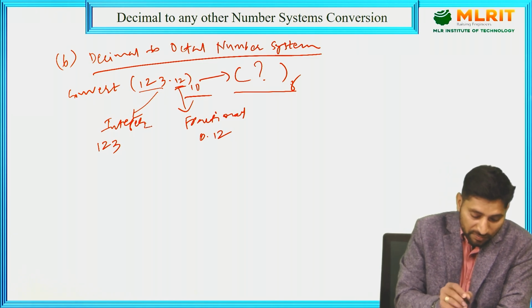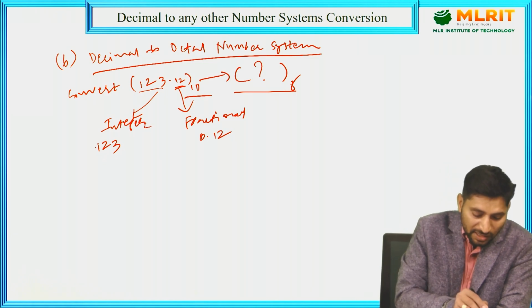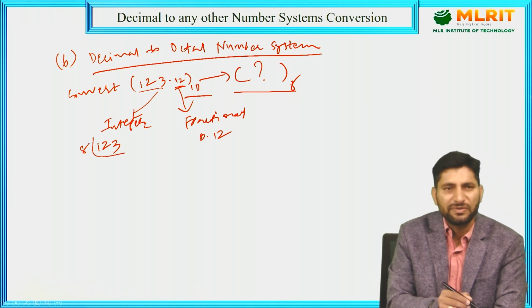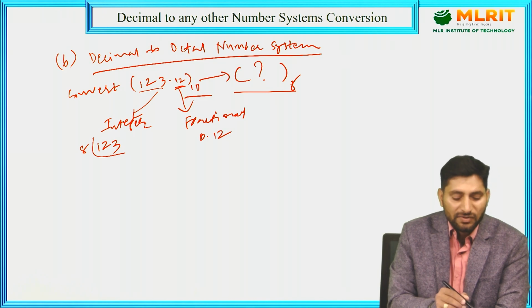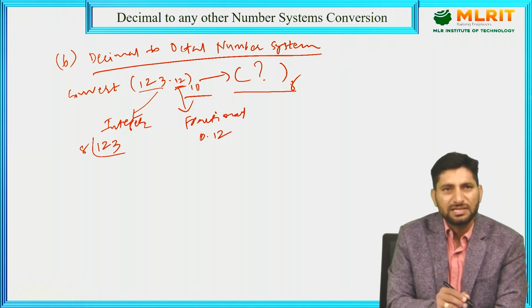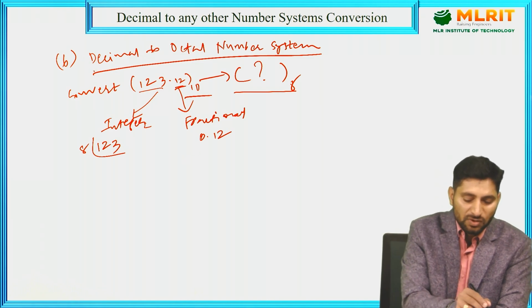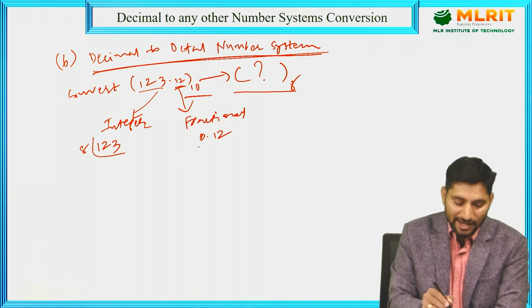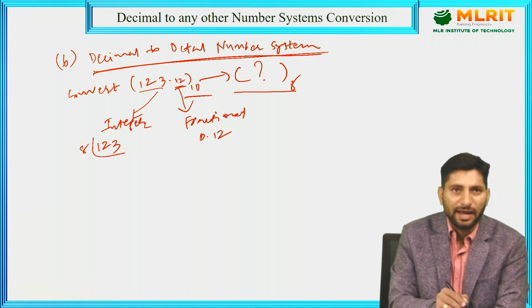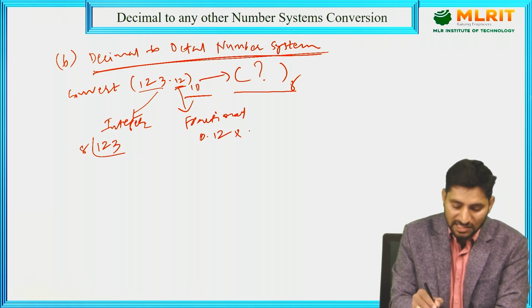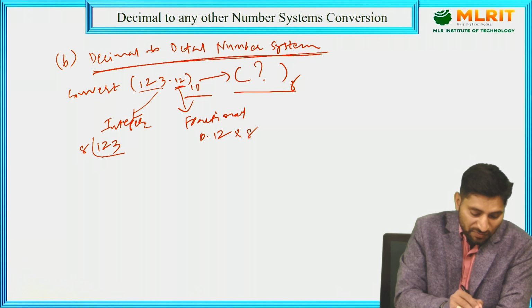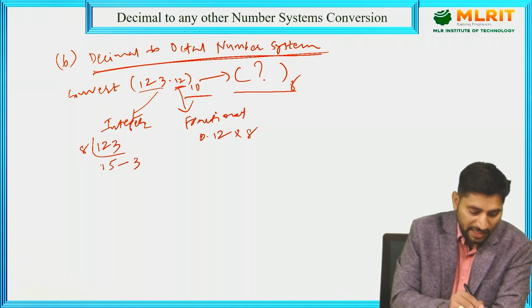So here 123 will be divided by 8, because as I said in the previous case, while converting from decimal to binary number system, divide the integer part by 2 and multiply the fractional part by 2. But for decimal to octal conversions, I need to divide the integer part by 8 and multiply the fractional part by 8.